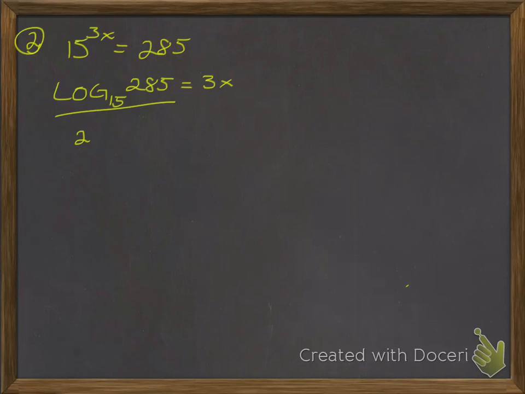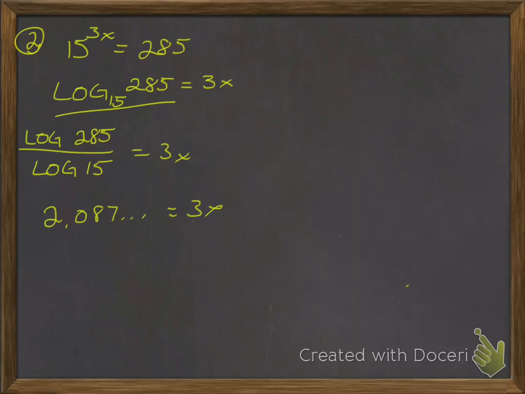Remember, if you're using a scientific calculator, it only has base 10, so you got to use the change of base, and it becomes 2.087 and so on. Don't round it quite yet, keep it in the calculator because you need the exact value.